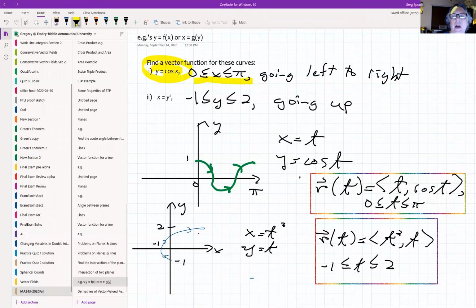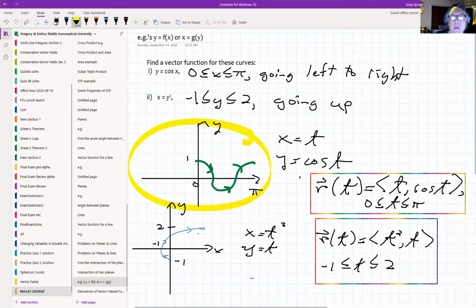X goes from 0 to pi, going from left to right. Now, sometimes in this class with the curve, we care about the direction. Sometimes we don't. And here, if we do care, this will go from left to right. And that's what the curve looks like. And I drew direction arrows there.